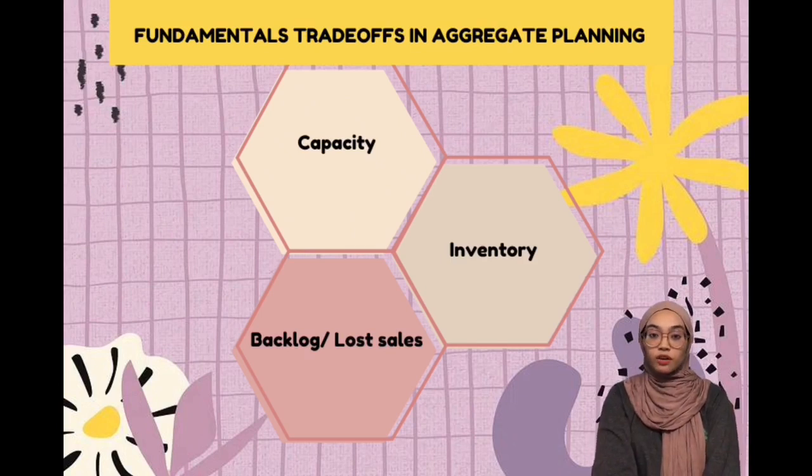The trade-off between backlog or back orders and lost sales involves decisions about how to handle situations where demand exceeds current production capacity. Allowing back orders can help maintain customer satisfaction by fulfilling orders eventually, but it may result in longer lead times and potential dissatisfaction.